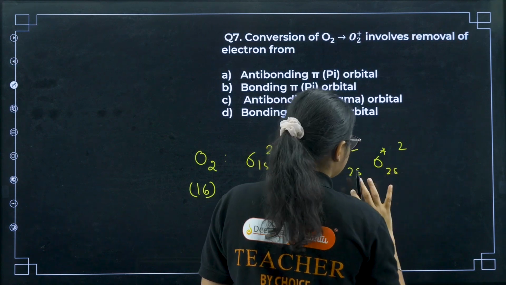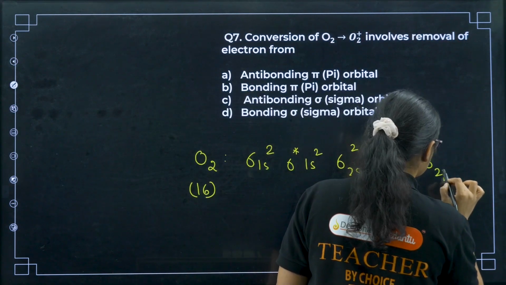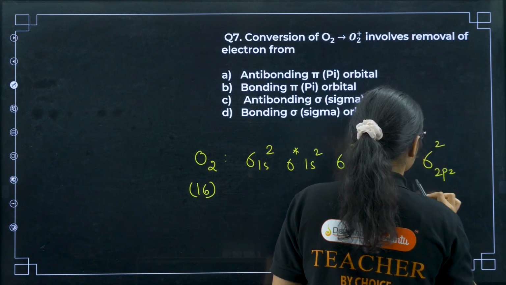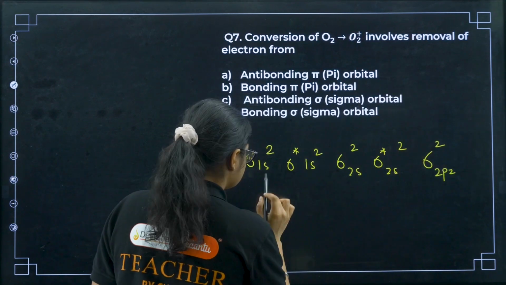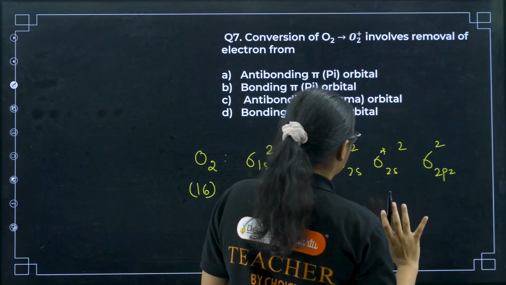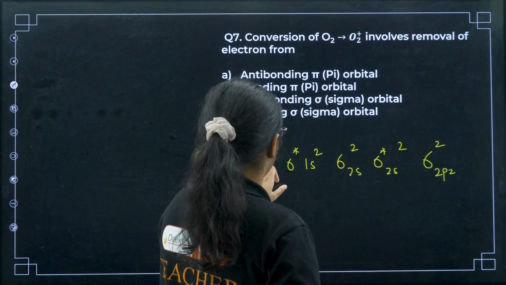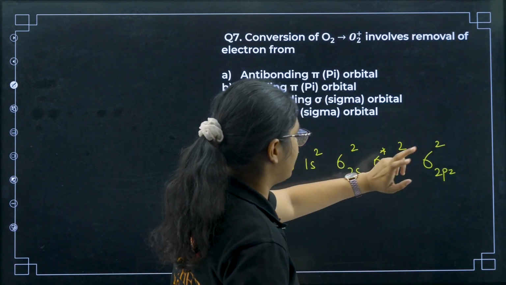Then after this, in case of O2, first sigma 2pz will come, sigma 2pz2. So I have already completed 10 electrons: 1, 2, 3, 4, 5, 6, 7, 8, 9, 10.